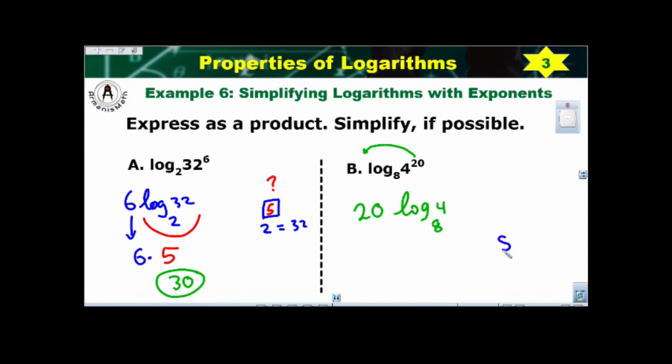So 8 raised to what power gives you 4? That's interesting. 8 raised to what power gives you 4? I cannot put 2, obviously, because that's 8 squared.